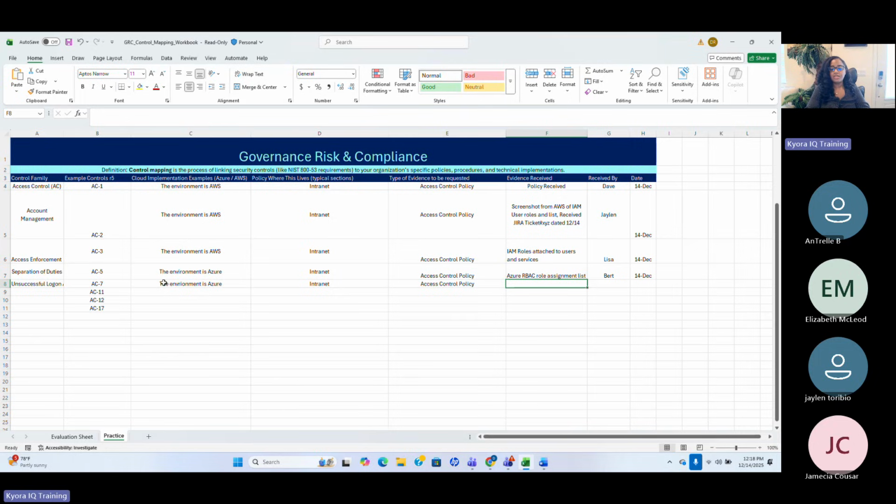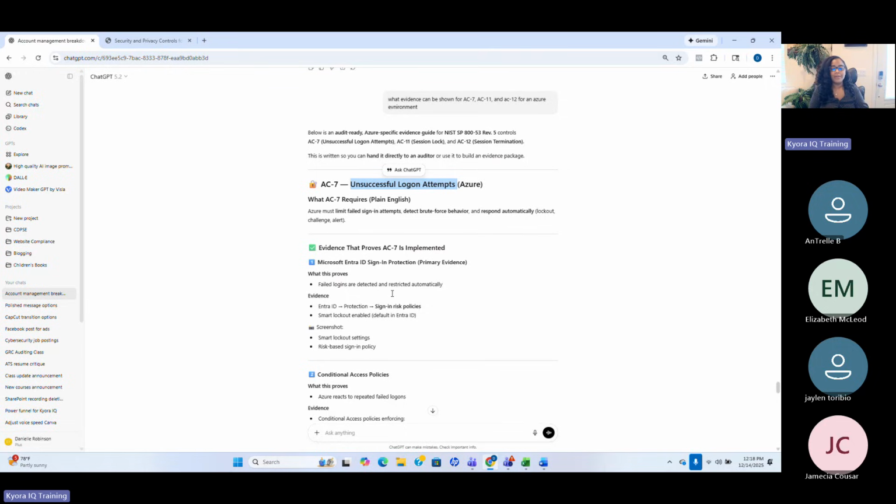For this, I remember this one off the top of my dome because, like I said, this is literally what you do as a GRC analyst. You'll start to get familiar with some of these, and it's like, oh, I already know what that means. So in this case, Microsoft Entra ID. Azure is Microsoft, right?